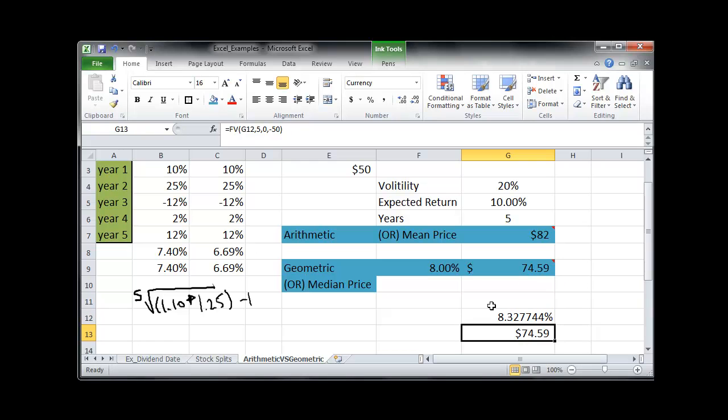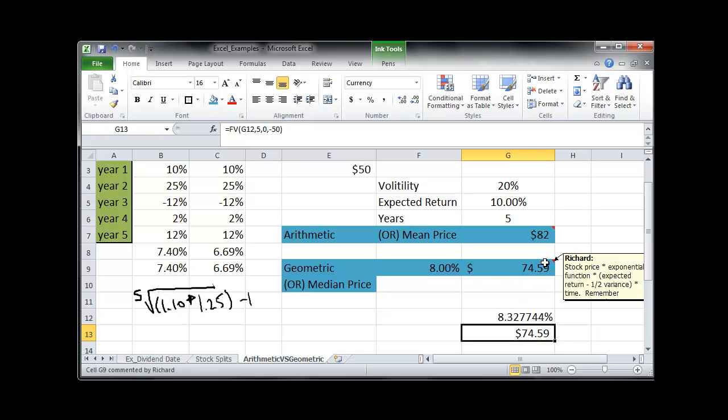However, if you take a look, I then just found the future value of daily compounding over 5 years at the $50 price, just using the basic functions of Excel, present value, future value, and I got the exact same price. You can see there's very little difference between continuous versus daily. This is why geometric is so important, because it is the actual true return that an investor would receive.